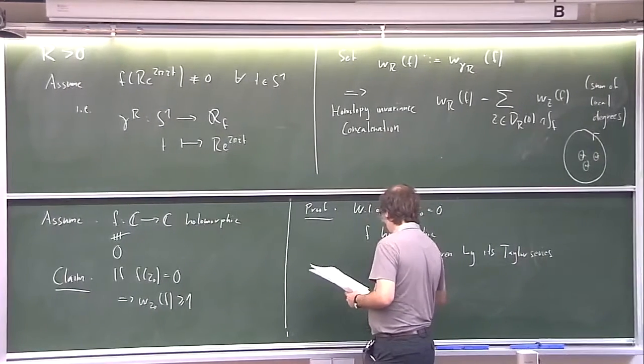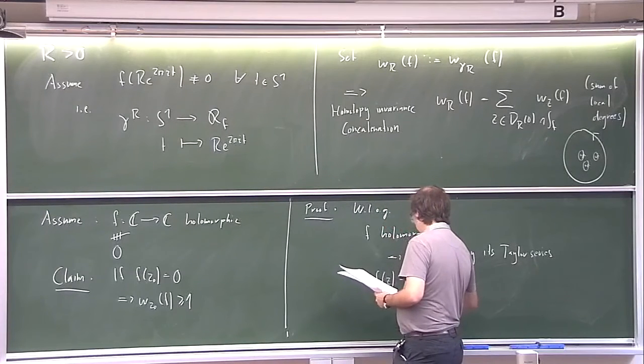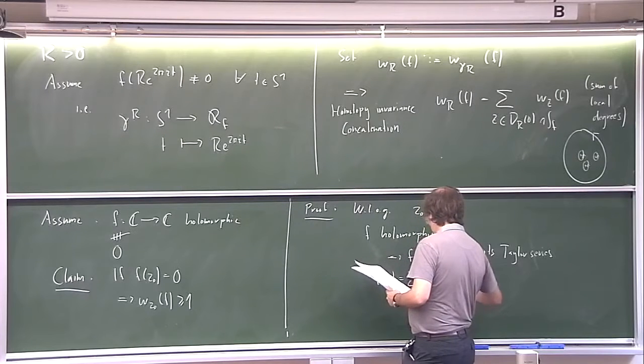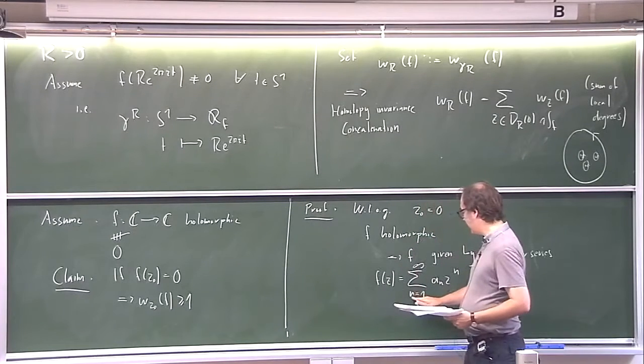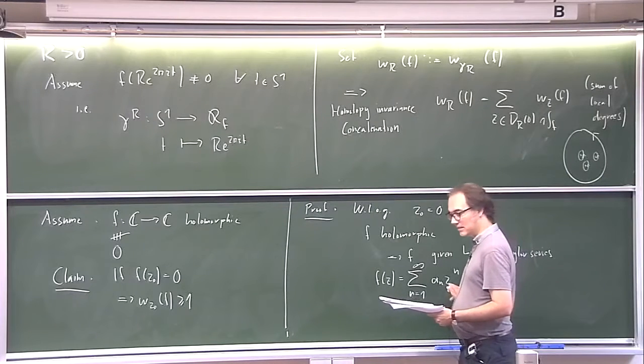So we have f of z equals the sum from n equals 1 to infinity of a_n z^n. Note that the summation starts at 1 and not 0 because f vanishes at 0.